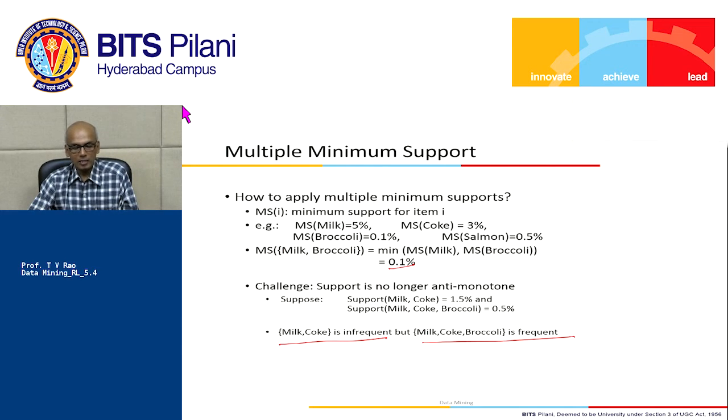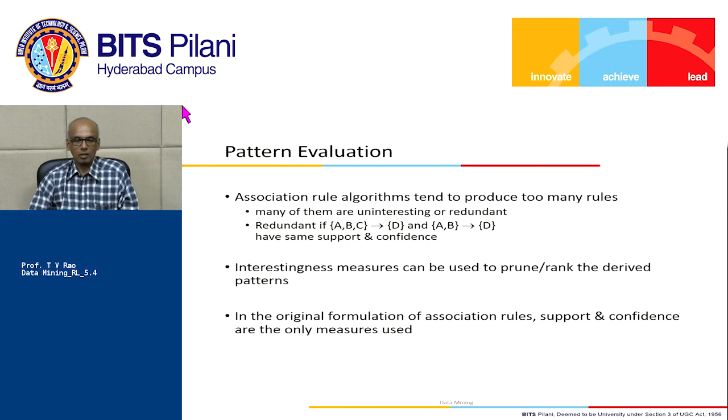So in this case, the problem of finding the frequent item sets and deriving the rules is going to be more complex. And then when we are looking at the pattern evaluation and finding out the rules which are uninteresting and redundant and pruning accordingly, we may want to use some interestingness measures.